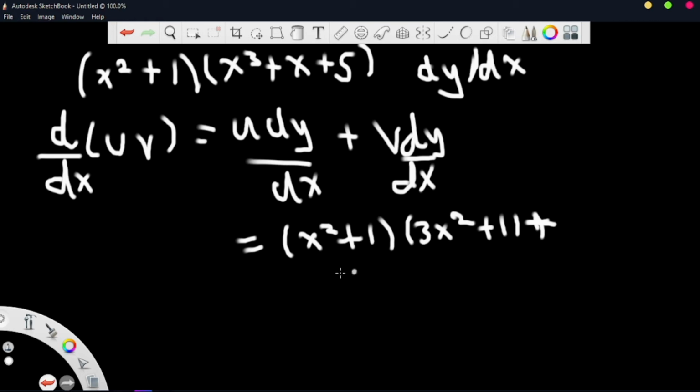Once I expand that, I'm going to get 3x to the fourth plus x squared plus 3x squared plus 1.